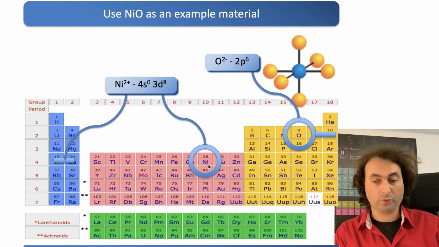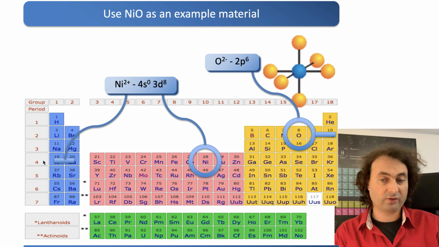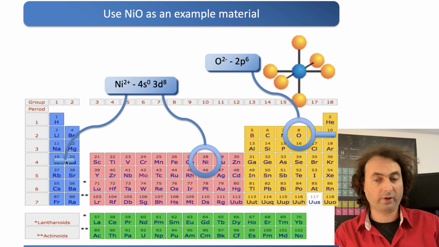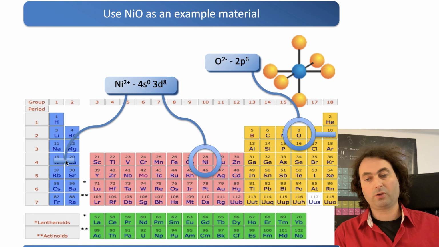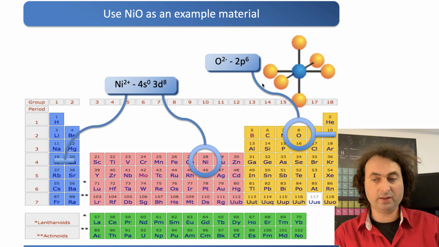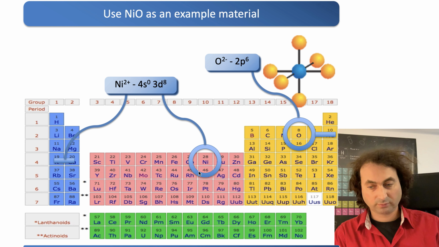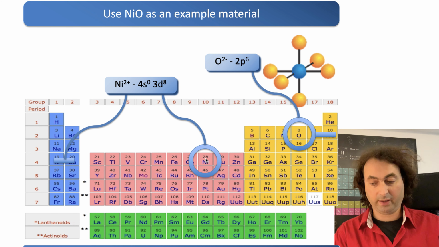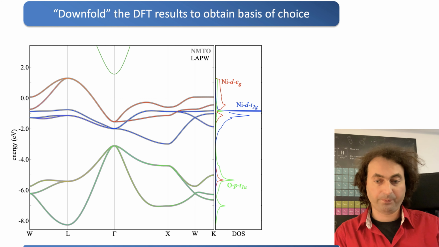The nickel becomes 2+, but we do not take these electrons out of the 3d shell, but we take them out of the 4s shell. The 4s orbital is much larger than the 3d, such that the 4s orbital is much more overlapping with the oxygen orbitals and can become emptied. And that leaves locally 8 electrons in the nickel d shell.